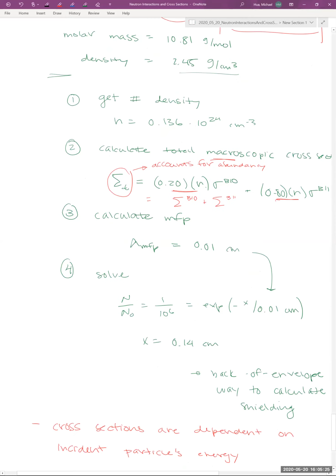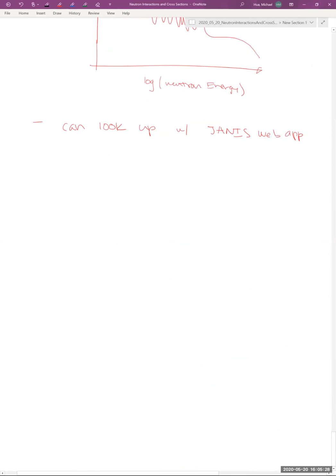So yeah, why do we need more in a fast reactor versus a thermal reactor?